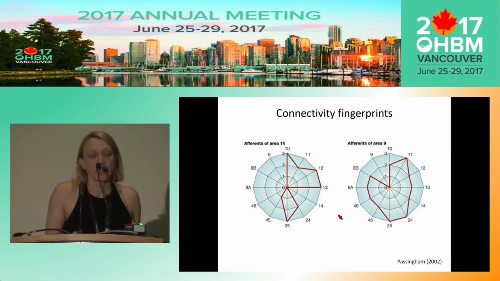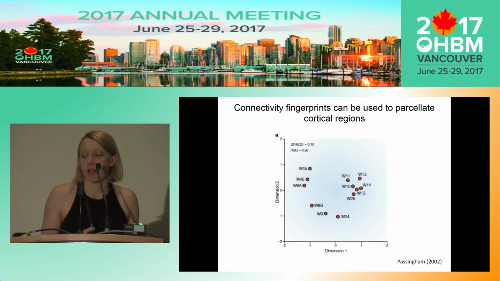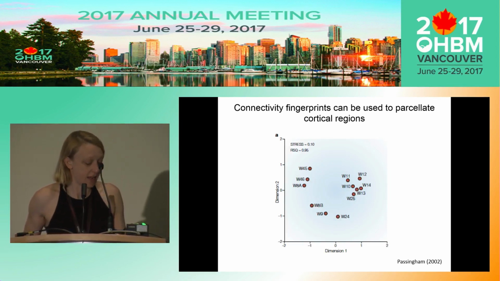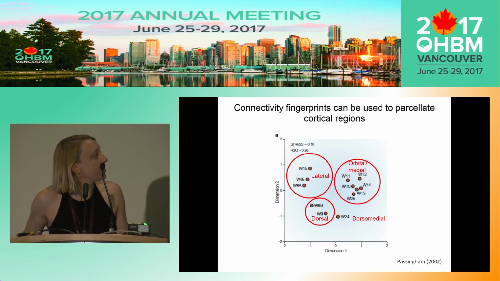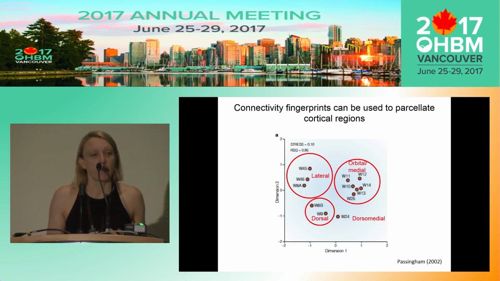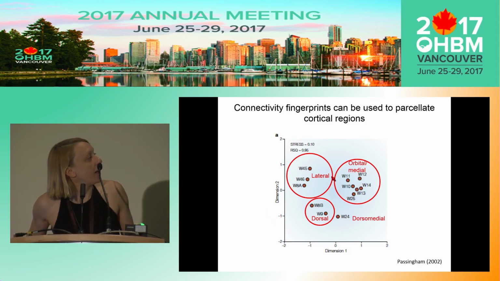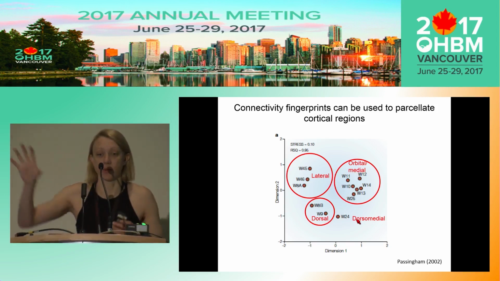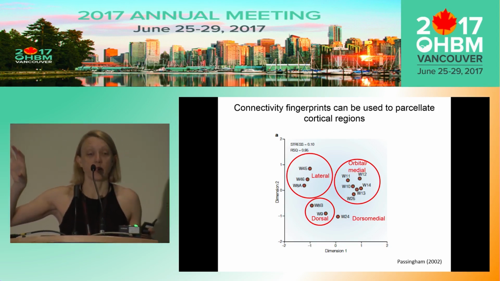And what he did is he divided up these types of connections along a couple of major axes. And he was actually able to show that there were different territories within here that mapped well onto other territories that have been defined with cytoarchitecture. So I'm showing you here lateral regions, orbital and medial regions, more dorsal regions, more dorsomedial regions, for example, all sort of mapped away from each other.